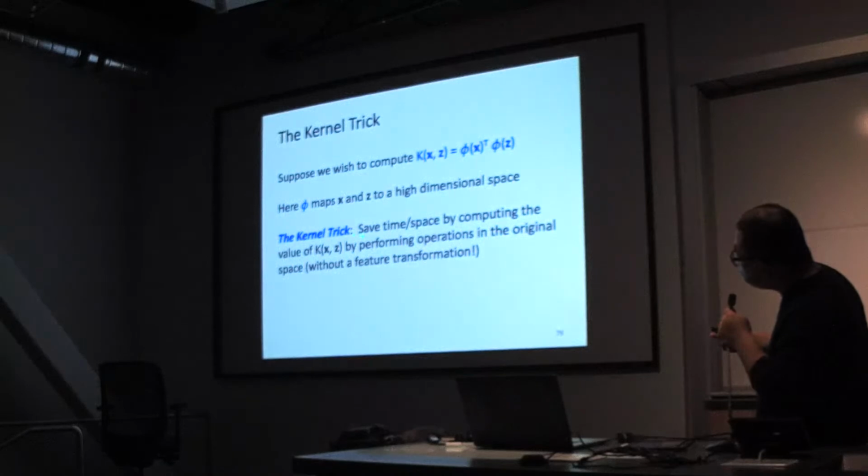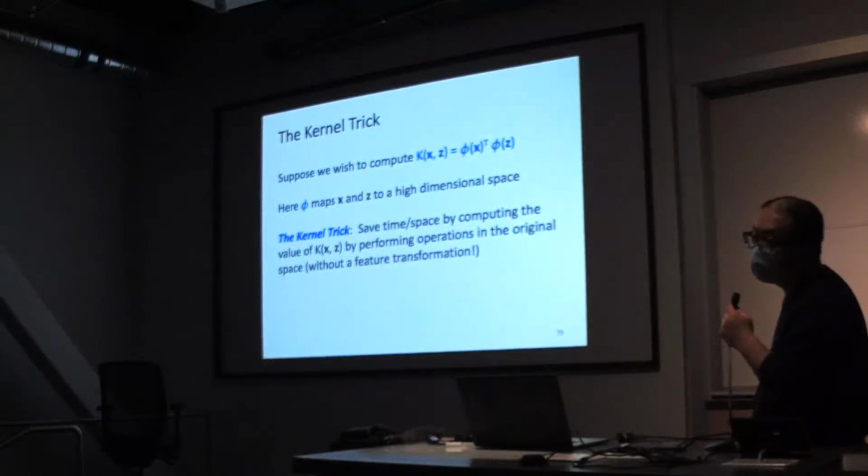The kernel trick is that we can save time and space by computing this value k by performing operations only in the original feature space. No need of performing the feature mapping. This is called the kernel trick.